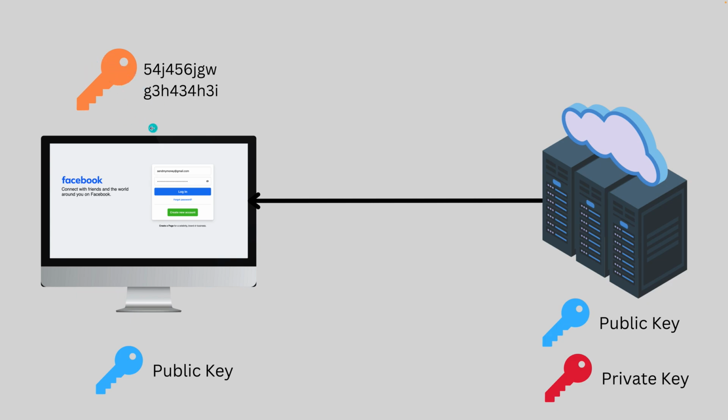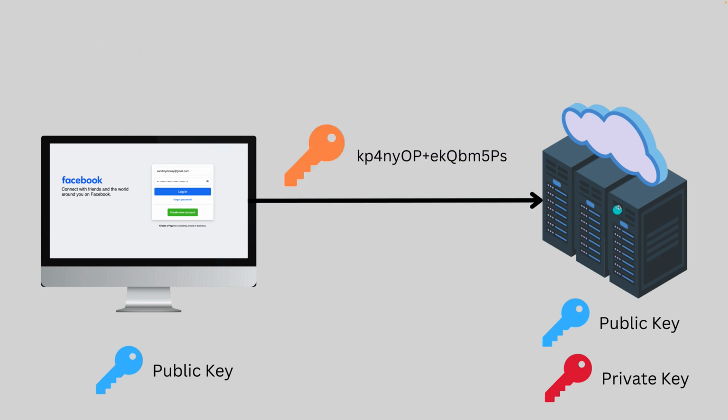Now, of course, we can't just send this over the network because then I can get access to it. But what I can do is take this public key that the server returned to me and encrypt this symmetric key. And then I can send that encrypted symmetric key back to the server.